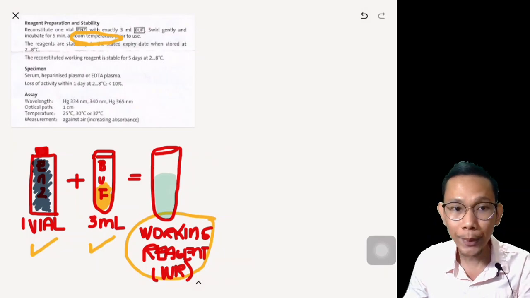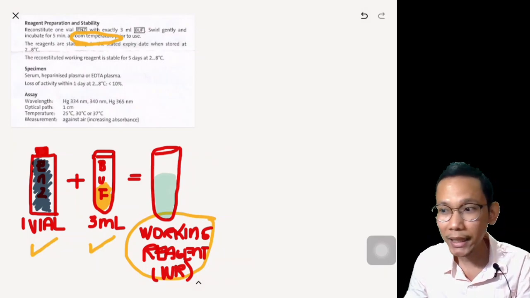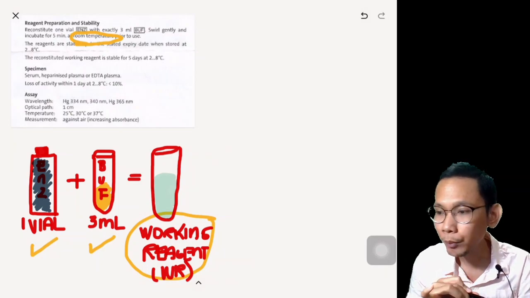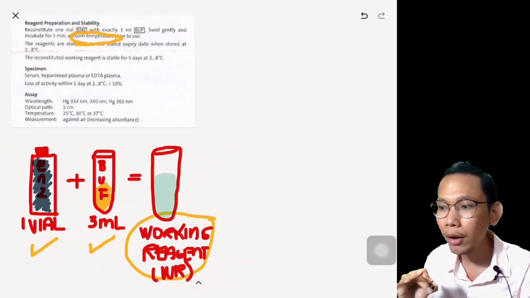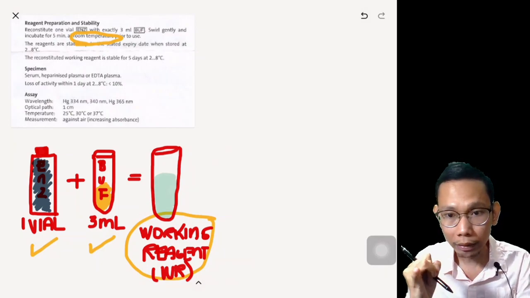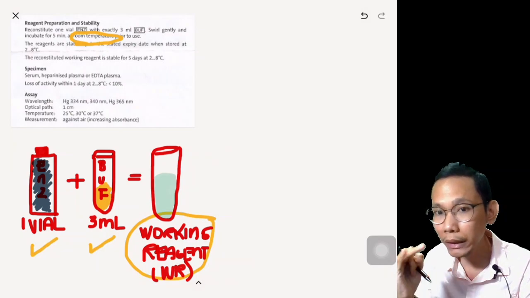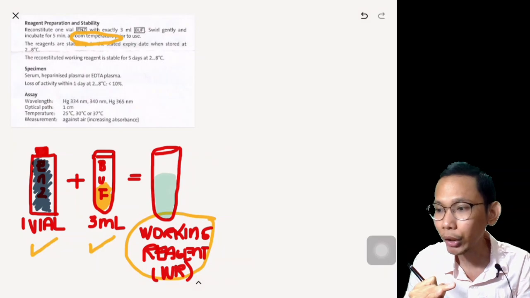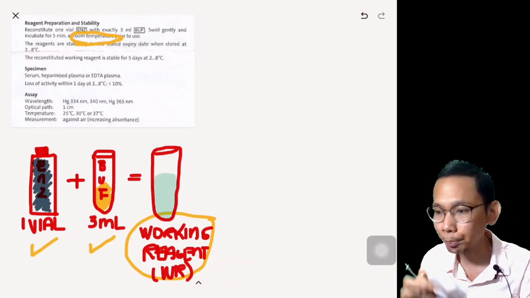So, for our specimen, ang mga specimen na ginagamit natin for CK is actually serum. Pwedeng serum, pwedeng heparinized plasma, or pwedeng EDTA plasma. Therefore, we could use a red top, we could use a green top, which is your heparinized plasma, and we could use your lavender, which is your EDTA top.